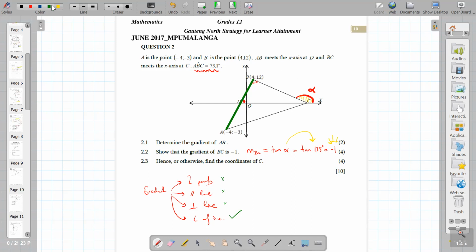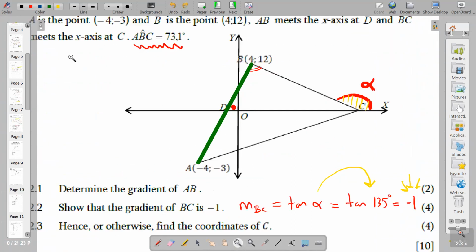So I know 73.1 was given, so I'll use that 73.1. Then I'll use that angle D. Let's just say beta over there for D. So this is my beta, and that's 73.1. Firstly, I need to get beta.